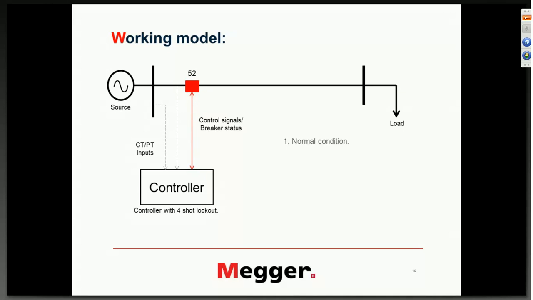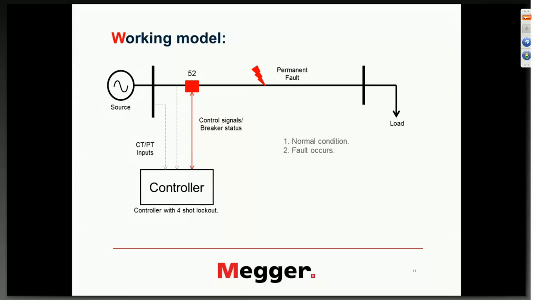The controller is always monitoring the current and voltage levels, and it is also aware of the circuit breaker status, whether it is closed or open. The red here means it is closed. The source is supplying the load through the breaker. So everything is working normal, no problem yet.